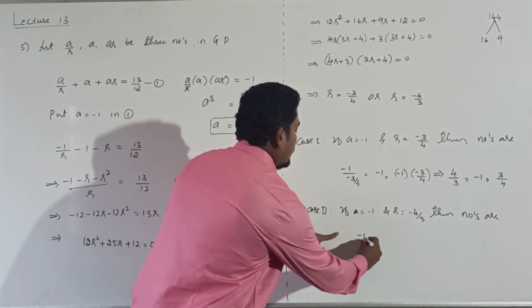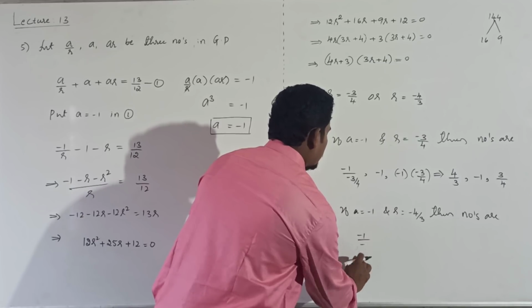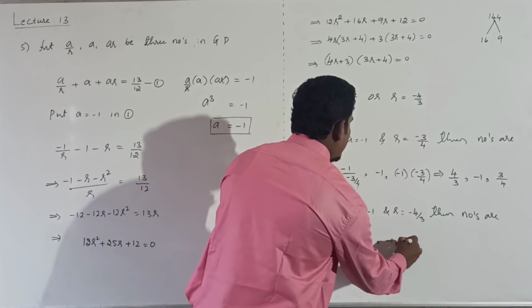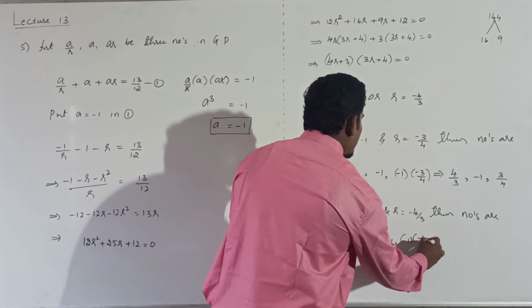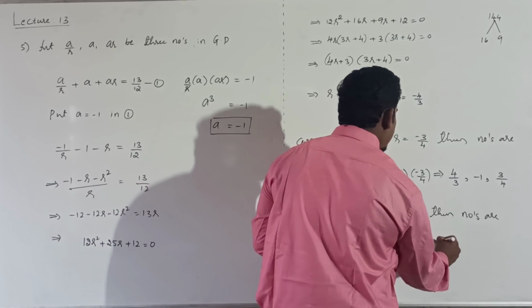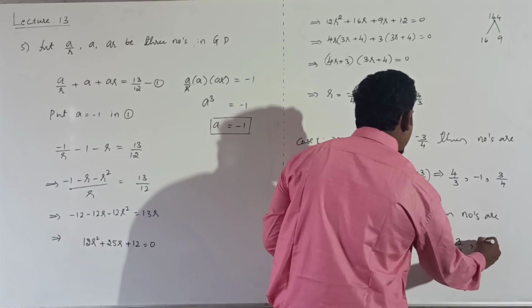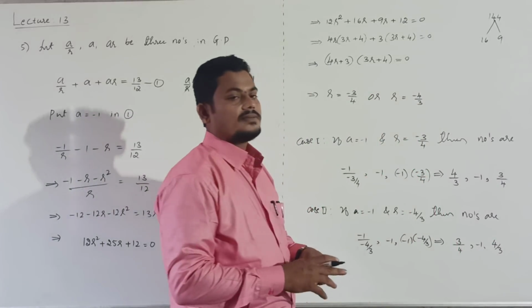Minus 1 divided by minus 4 by 3, minus 1, minus 1 into minus 4 by 3. This implies the numbers are 3 divided by 4, comma, minus 1, comma, plus 4 by 3. These are the numbers.